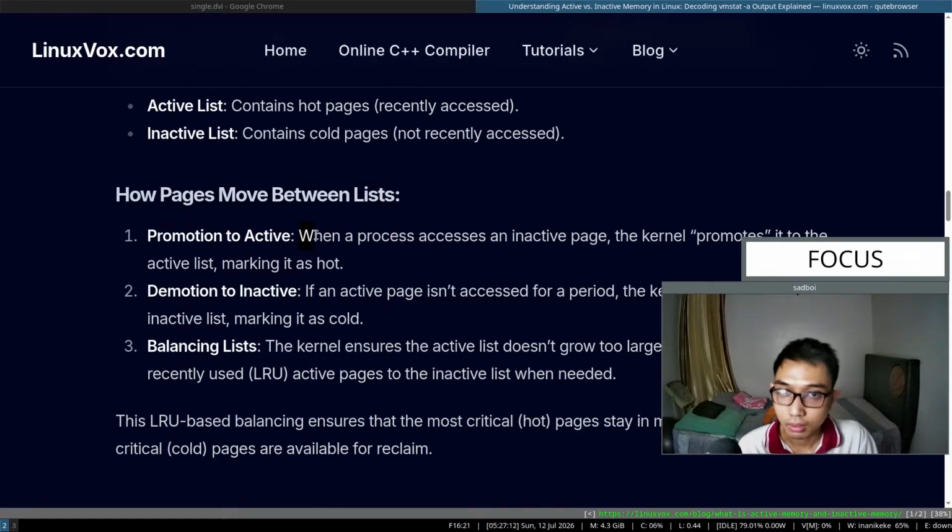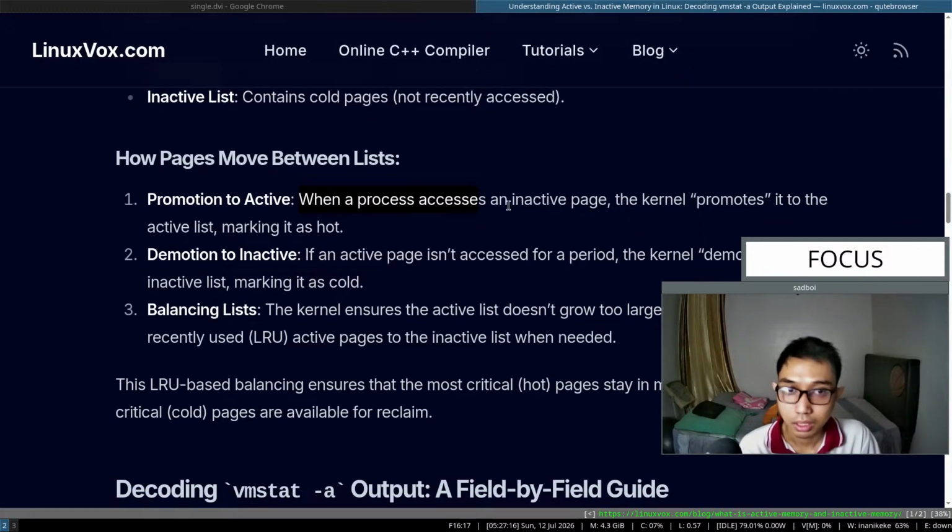Promotion to active. When a process accesses an active page, the kernel promotes it to the active list, marking it as hot. Oh, when a process accesses the inactive page, the kernel promotes it to the active list.